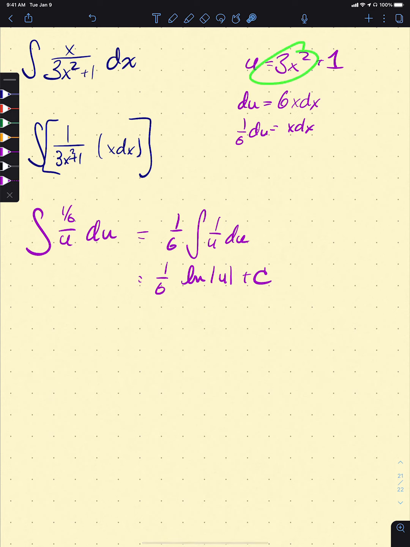We're squaring it so it's positive, and then we're adding 1 so it's never negative. So what that means is when I substitute this back in, I can actually drop my absolute value bars. And that's precisely because the absolute value of 3x squared plus 1 is equal to 3x squared plus 1, right?